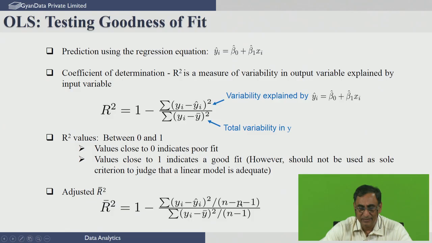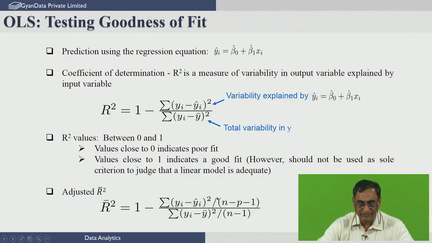So, n minus 2 represents the number of degrees of freedom used to estimate this numerator variability, whereas n minus 1 is used to estimate the denominator variability, because you have used only the parameter beta naught for the denominator, whereas you use 2 parameters to estimate the numerator.